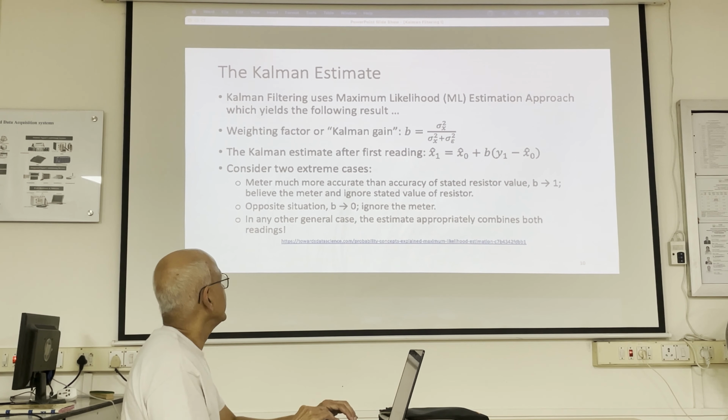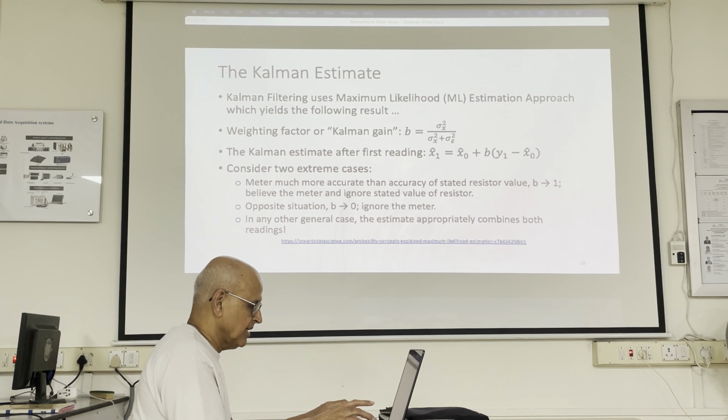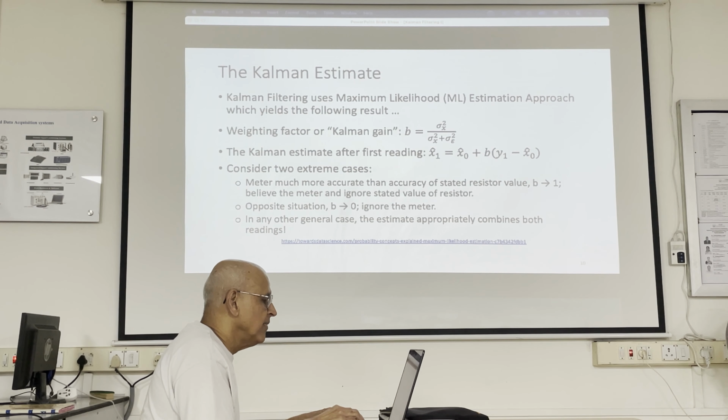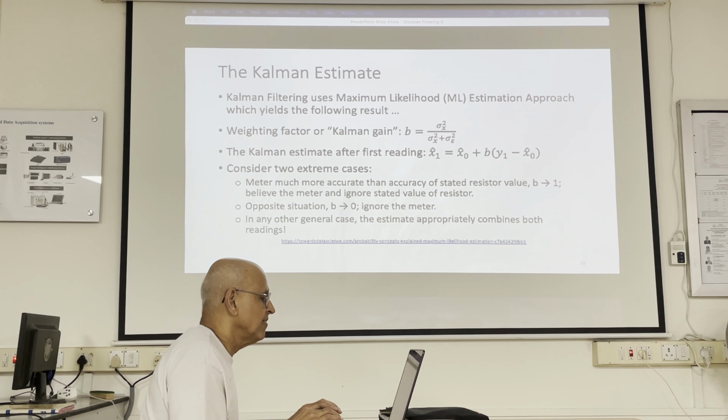I do it here and then I show it to you. I'm not going to do the hats and the subscripts. So x1 equals, if I combine the x naught and the minus b x naught, I'll get x naught times 1 minus b, correct? And then I'll get plus b y1. So let me show you what I have.